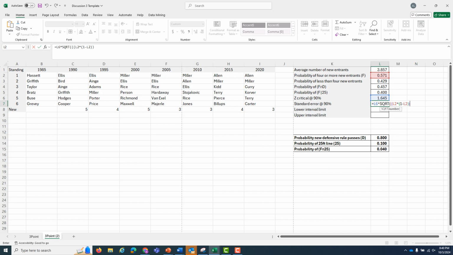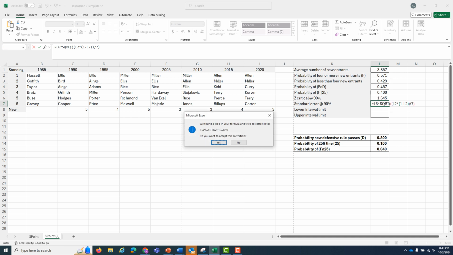Close two parentheses, and then I'm going to divide by the sample size, which I could do a COUNTA function to do if I wanted to. I know it's 7. I'm just going to type in 7. So again, the formula to find standard error is equal to Z critical times the square root of your proportion times 1 minus the proportion, all divided by the size of your sample.